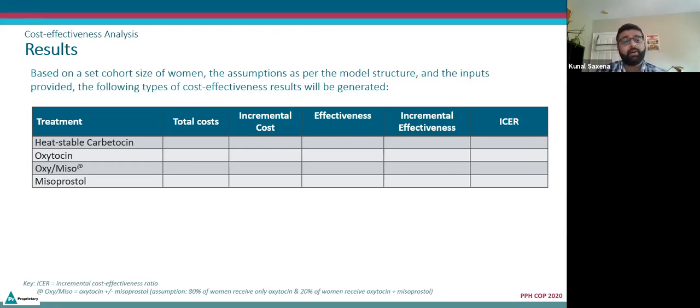Then we look at total costs associated with each of the treatment options. Then the incremental cost, which is essentially the difference or additional costs associated with each of those existing treatment options compared to heat stable carbetocin, and the same goes for effectiveness and incremental effectiveness. And then finally, we look at the incremental cost effectiveness ratio, which is the primary outcome of a cost effectiveness analysis.